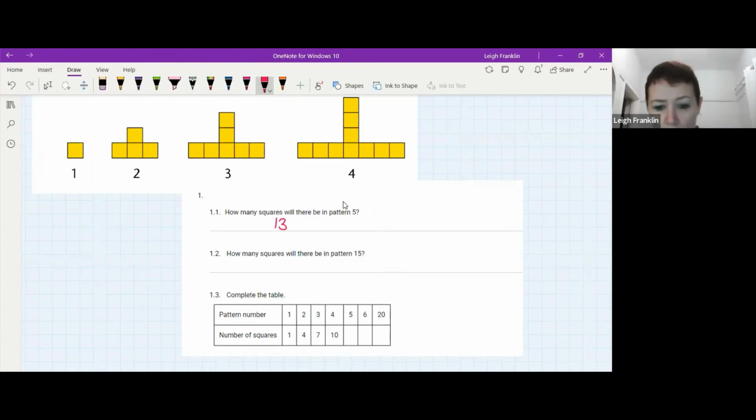Well done. Okay, now, Asimahle, did you want to do 1.2? Yes, ma'am. Okay, Asimahle, go for it. I got 45 squares. 45 squares. Who else thinks that the answer here is 45?